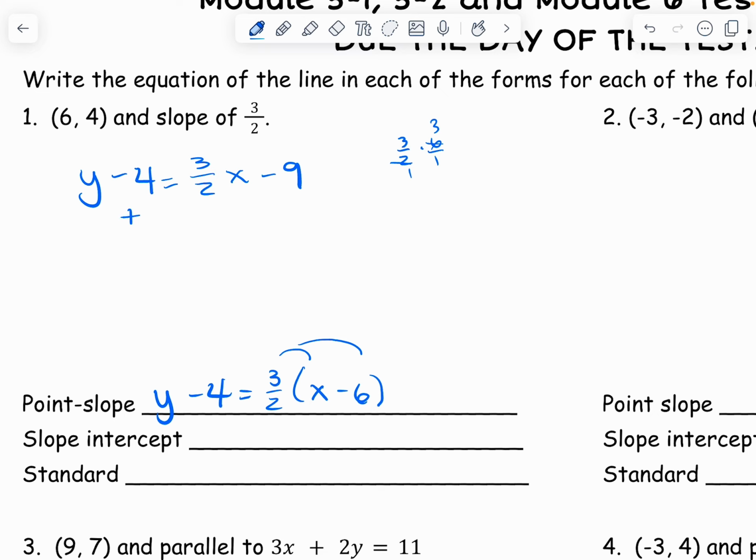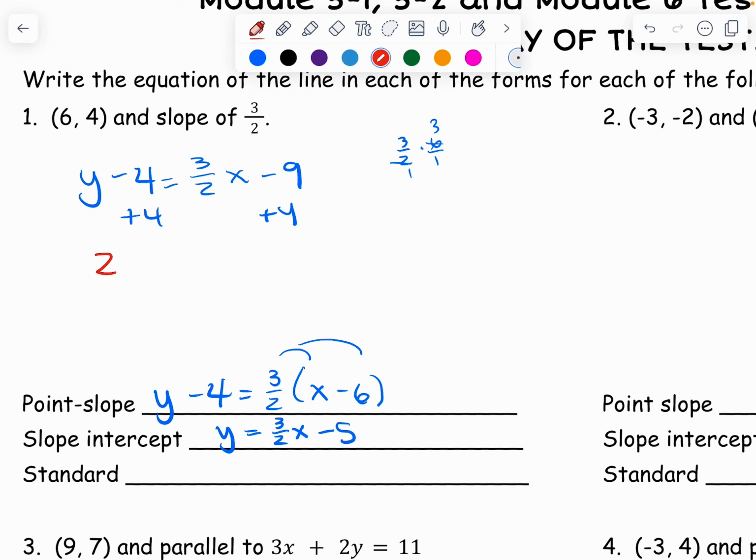So then you add the 4 to the other side. And then you would get y equals 3 over 2x minus 5. And then if I wanted to put it in standard form, I multiply everything by 2 and get this.